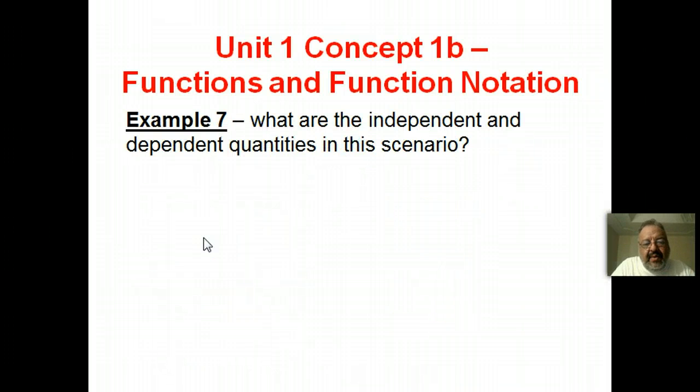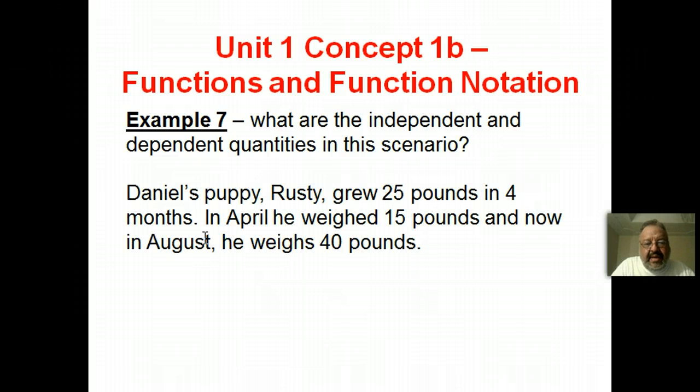Example 7. What are the independent and dependent quantities in this scenario? Daniel's puppy Rusty grew 25 pounds in 4 months. In April, he weighed 15 pounds, and now in August, he weighs 40 pounds. Independent variable. What are the two quantities we're looking at? Here we're looking at the two quantities of time in months and then weight in pounds.